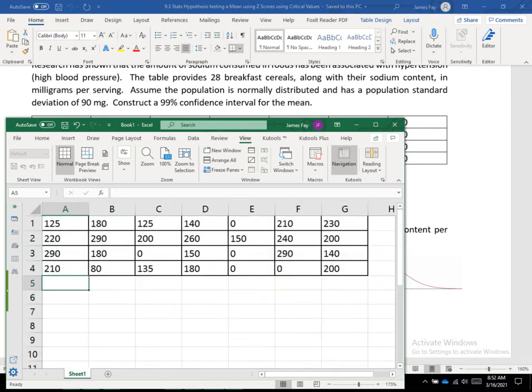All right, so if we go equals average of those, 158.036.